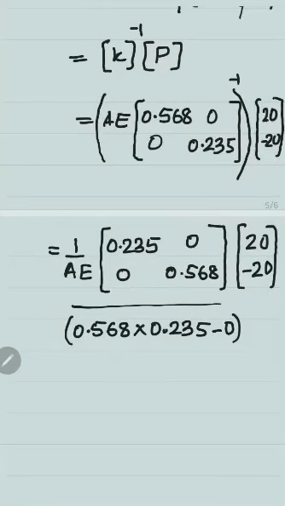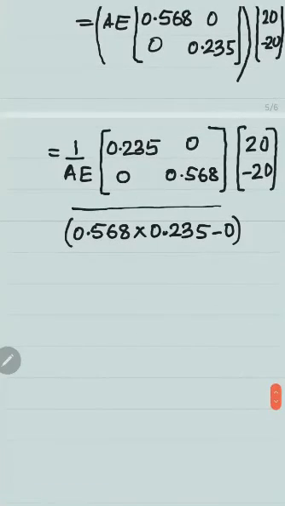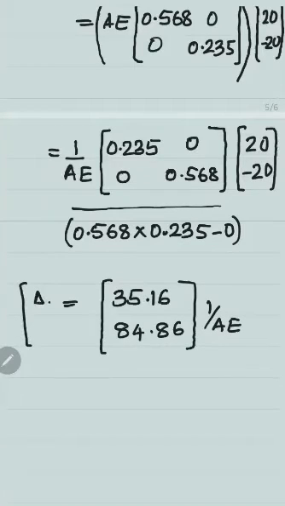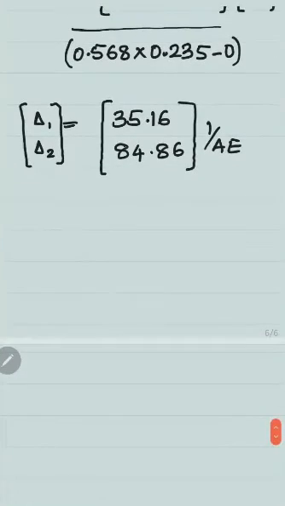Now you can calculate this, so you will get the answer as 35.16 and 84.86, that into 1 upon AE. So this is delta 1 and this is delta 2, right? So what is delta 1?